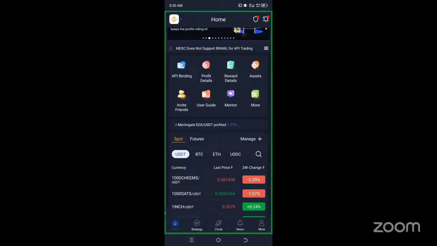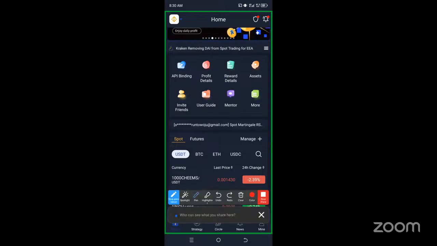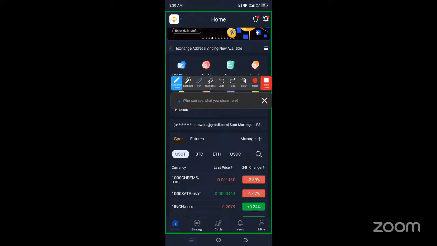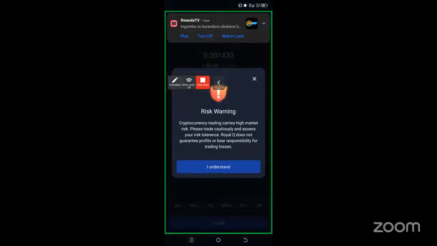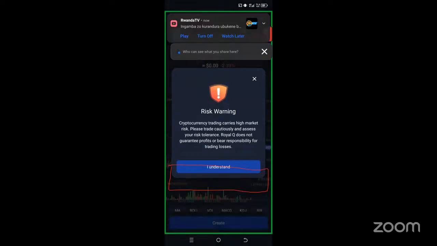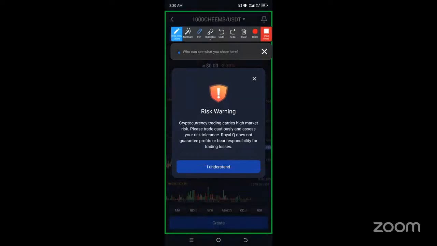parameters. So now we are using an example of a coin just randomly, and the coin we have been using, we selected this one, of course, to show how settings are done. When you click on the coin, you remember that the LoyalQ system gives you the risk warning that crypto is very volatile.